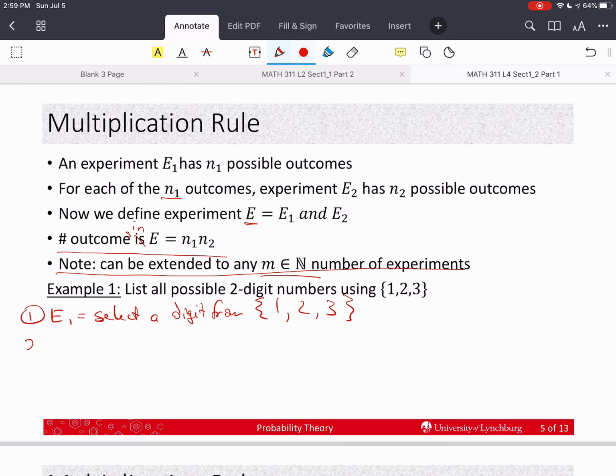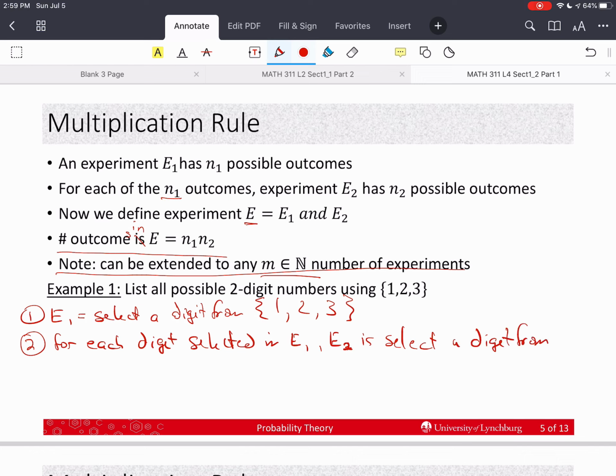So now we're going to say for each digit selected in E1, E2 is select a digit from 1, 2, 3.